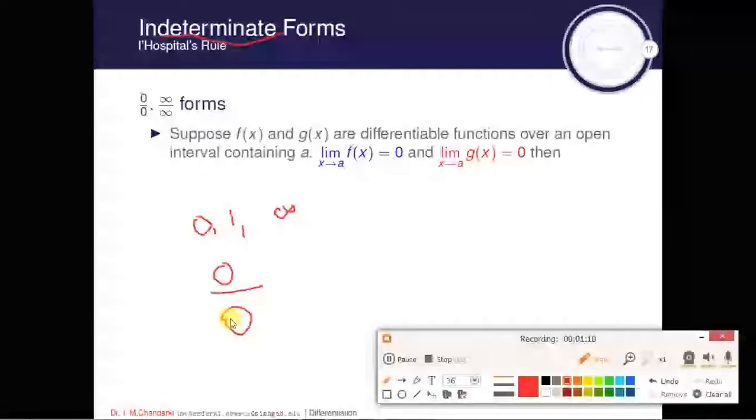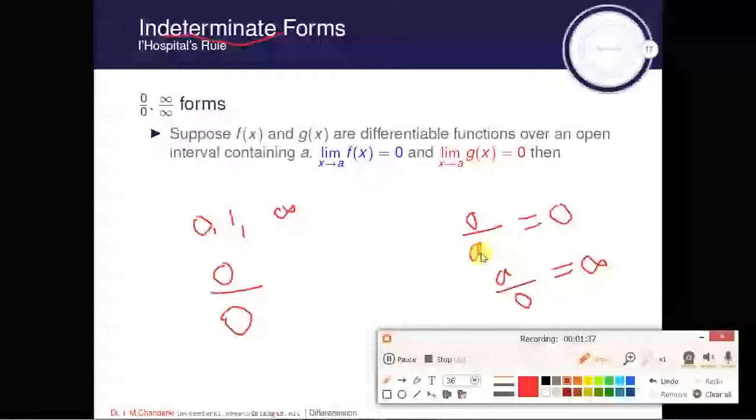The reason I will tell you. 0 by 0: you know that 0 divided by any constant is equal to 0, and constant divided by 0 is equal to infinity. So this is the way of recognizing whether it is an indeterminate form or not. 0 by 0, yes, it is an indeterminate form. Why?